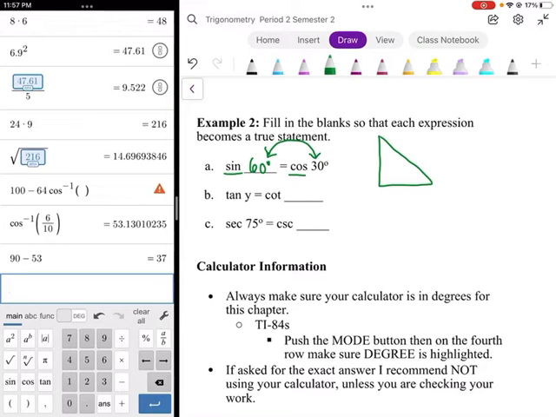And if we found the sine of 60, that would be the square root of 3 over 2.